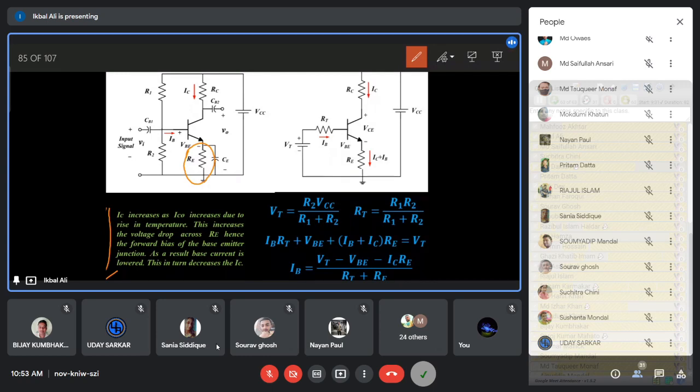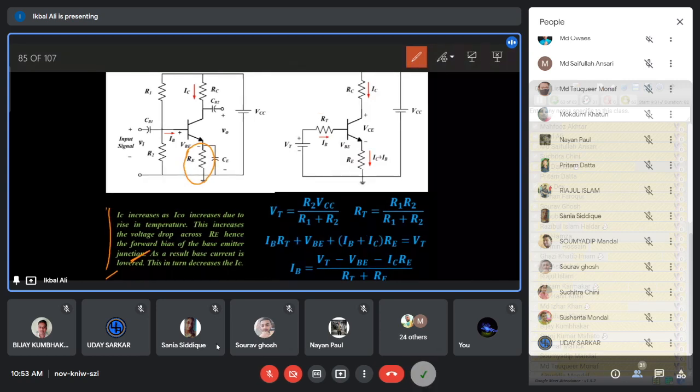There is a mistake here: this increases the voltage drop across the RE, hence the forward bias of the base emitter junction reduces. One keyword has been missed here, so add the word reduces after the junction. As a result, the base current is lowered, and this in turn decreases the collector current IC.